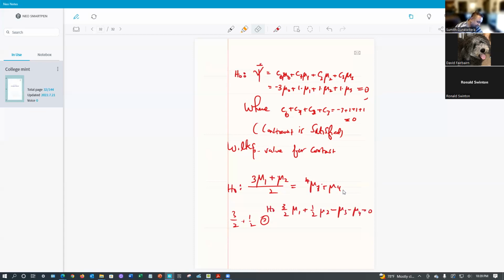That's your H0. This is your psi. Psi is 3/2 mu1 plus 1/2 mu2 minus mu3 minus mu4. That's psi equals 0. Where the summation of c_i goes from 1 to 4, which is 3/2 plus 1/2 minus 1 minus 1 equals 0.